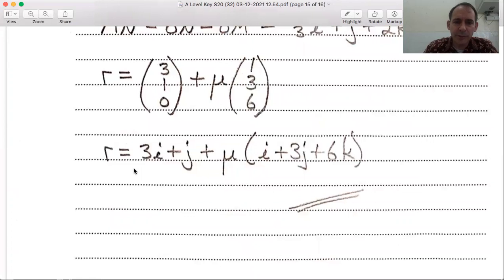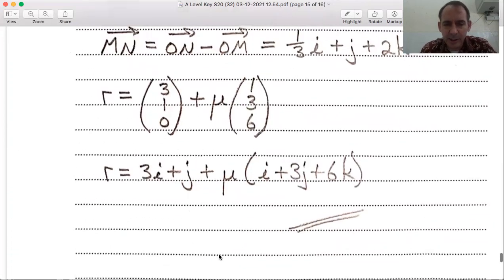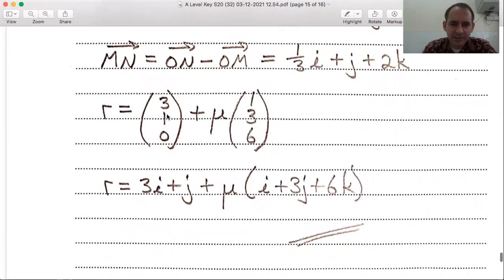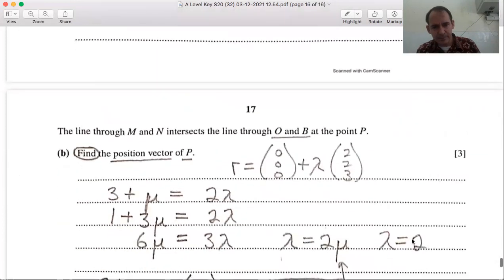If you rewrite it in component form instead of this column vector form, you get r equals 3i plus j, there's no k, plus mu times i plus 3j plus 6k. So there are several different ways of writing the equation, but these two both would be correct.